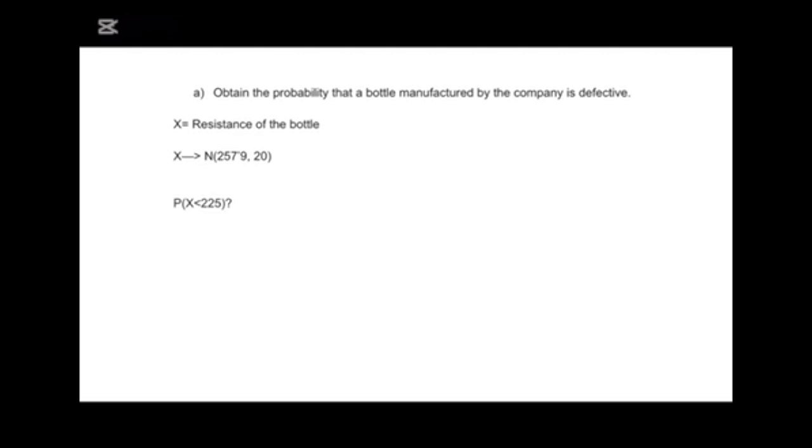The variable X is the resistance to internal pressure of a soft drink bottle, so X follows a normal distribution where the average is 257.9 and the standard deviation is 20.